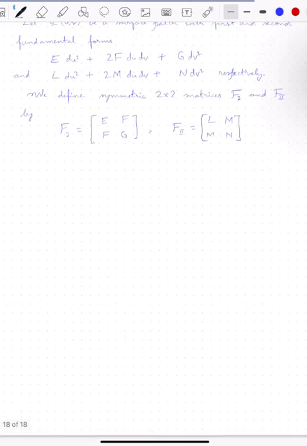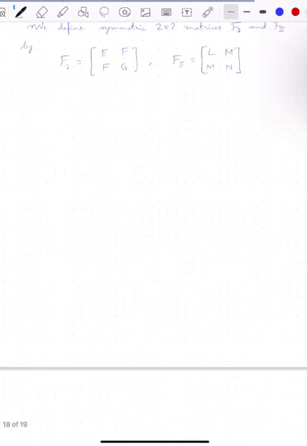Now we note down a proposition. The proposition states: let sigma be a surface patch of an oriented surface S, right?